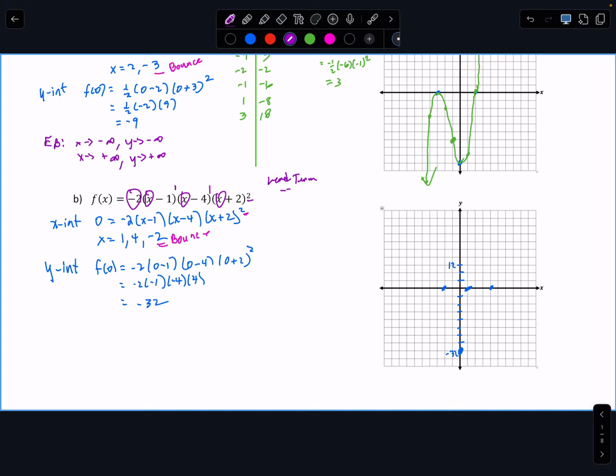My leading term is going to be a negative 2 x squared, which is a negative 2x to the fourth. So it's a reflected touchdown, and so I'm expecting it could look something like this. Both ends down. So my end behavior, whether x is going to positive or negative infinity, y is going to negative infinity.